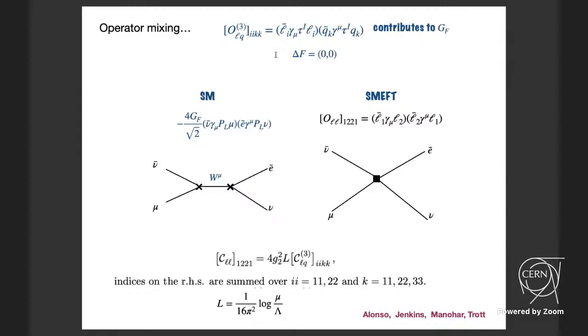So it turns out that the LQ3 operator, which is shown here on the top, if it is flavor conserving in leptons and quarks, can mix with this LL1221 operator, and it is described by this equation. So you can see that the LQ3 operator can give rise to this 1221 operator. So that means if the LQ3 operator is present at the high scale, then through mixing it can affect the muon decay, and hence it can affect the extraction of the Fermi constant from muon decay.